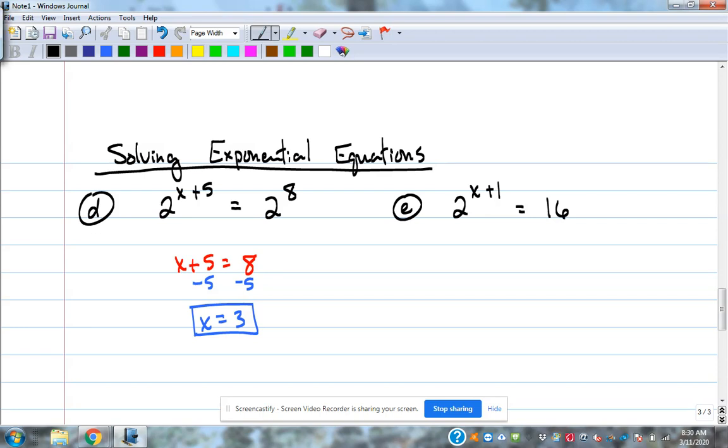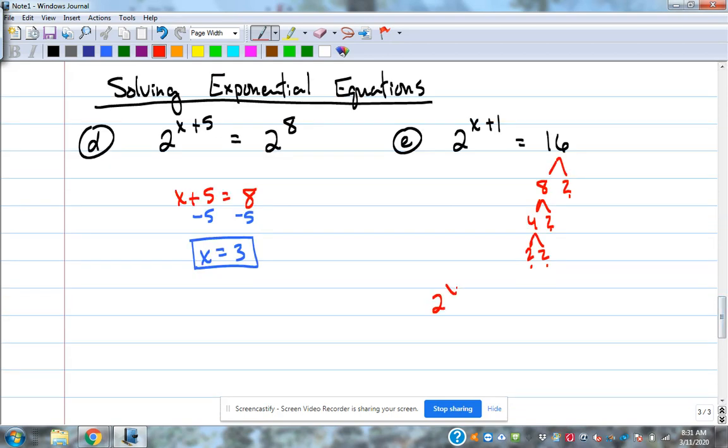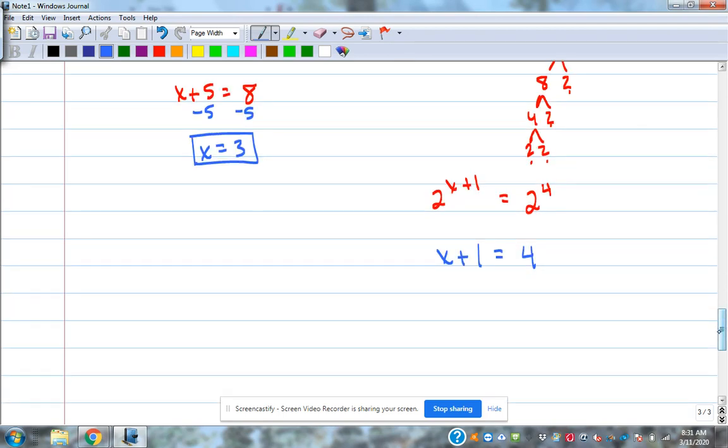If you're rusty on thinking about your 2 to a powers, think factor tree. And that's 1, 2, 3, 4. So that's how it's 2 to the 4th. It's 2 to the x plus 1 equals 2 to the 4th. And so our equation that we set up to work is, yeah, and x would equal 3 again.